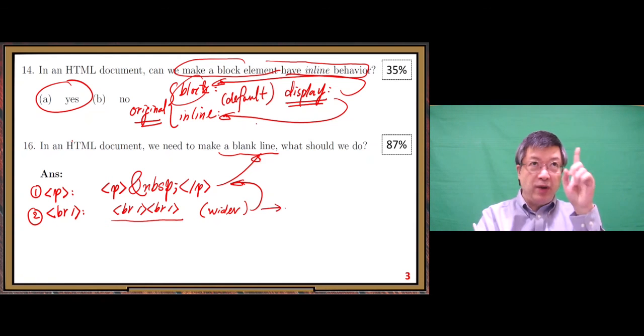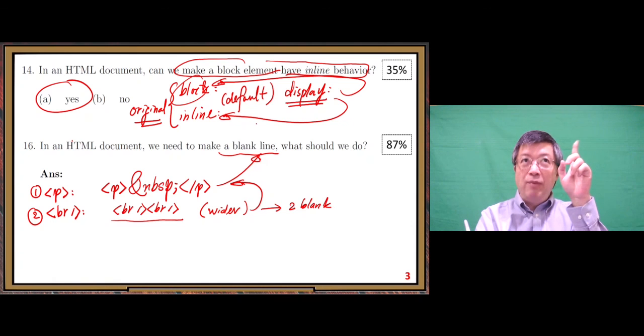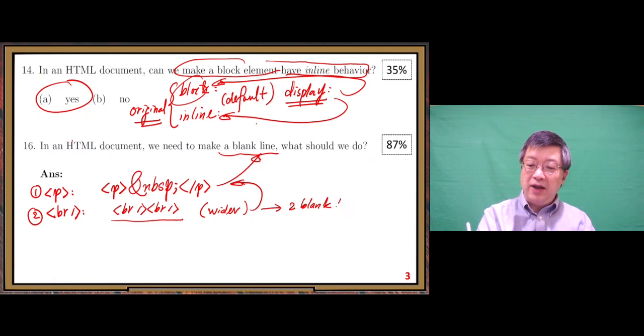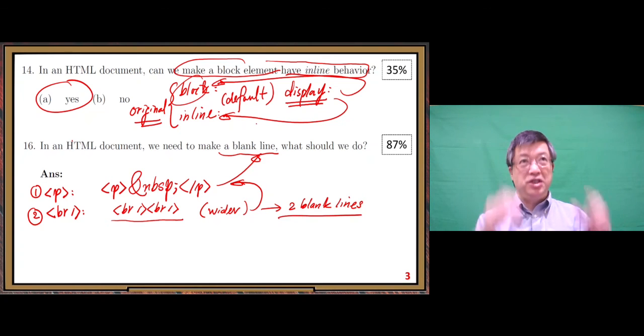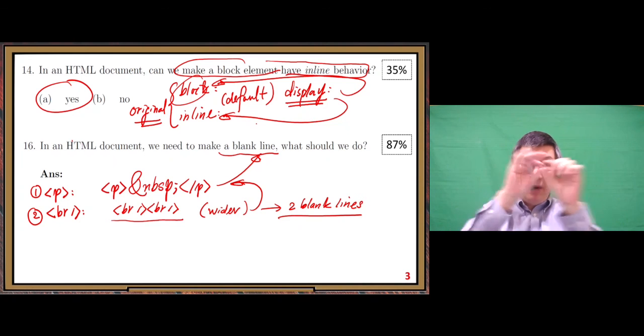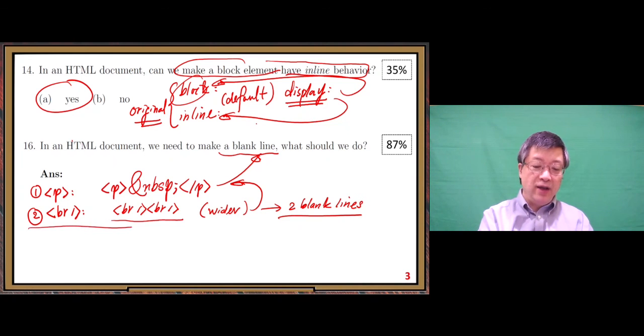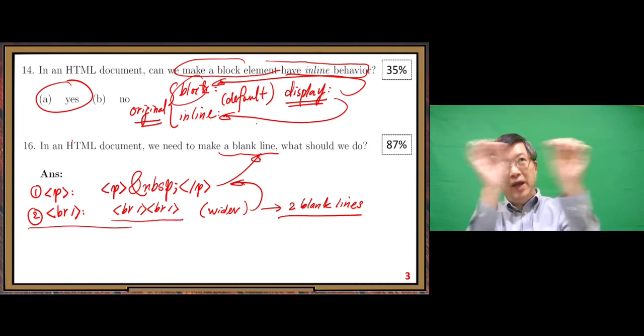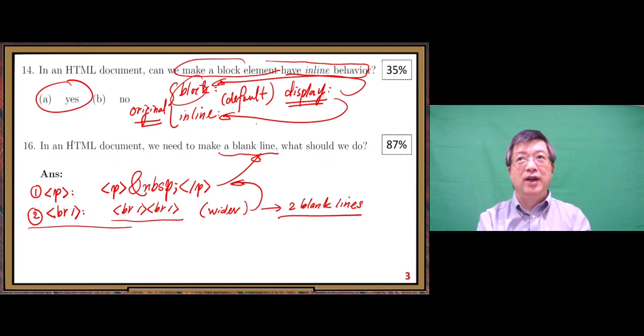Actually, this approximately equals two blank lines, not just one. You see significant space there. Sometimes you want a little more space than one blank line, so you use the second way. Sometimes you only need one blank line, so you use the first way. So that is the answer for this question.